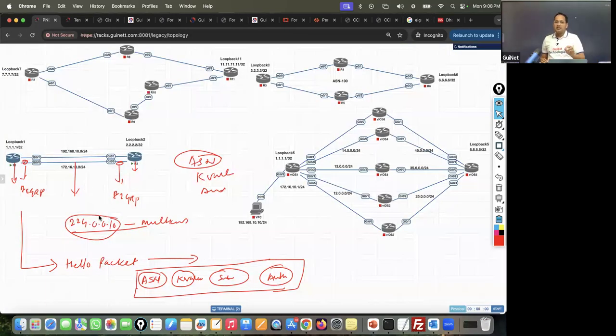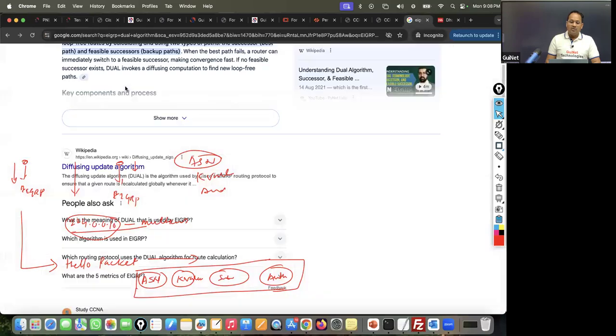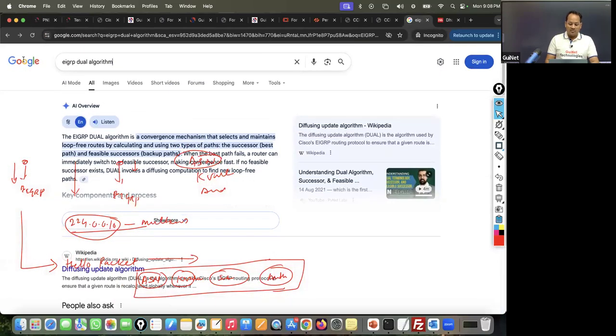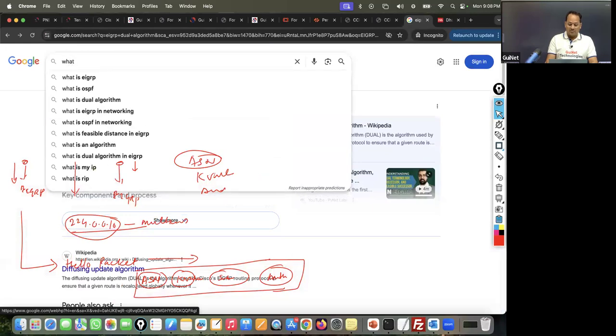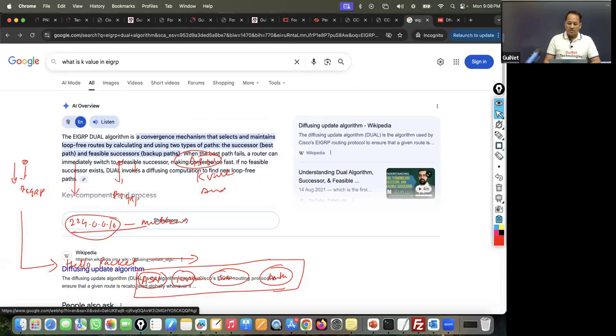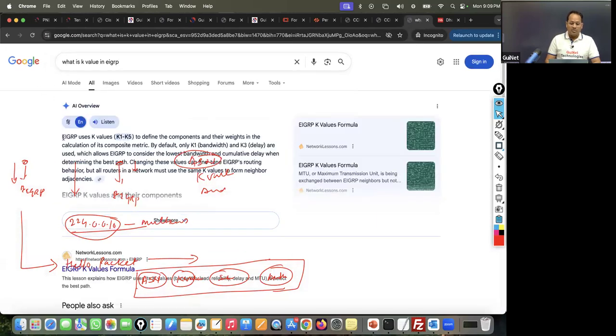So the AS number is local to the company, and it must be the same on both sides. And what are the key values? If you type what is the key value, it is just the composite metric calculation. It is going to use K1, K2, K3, K4, K5.